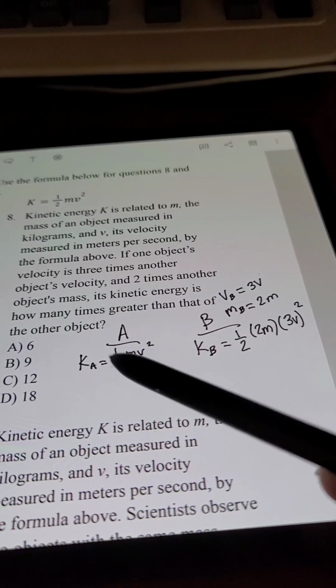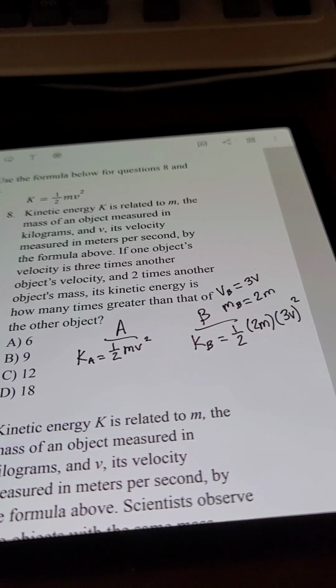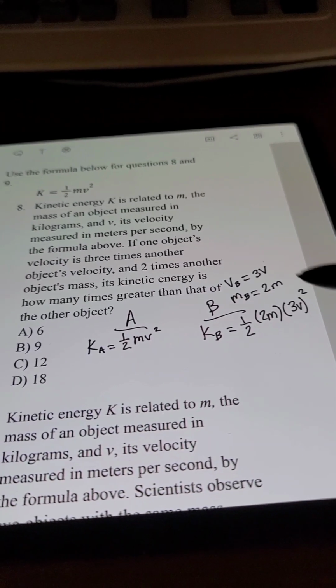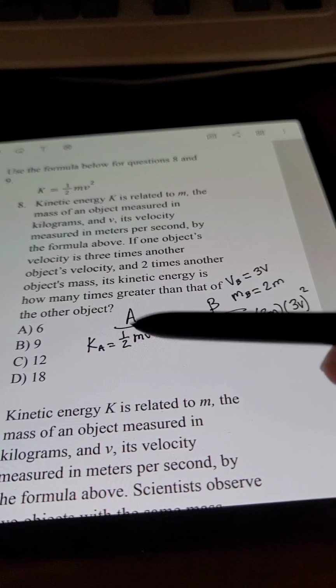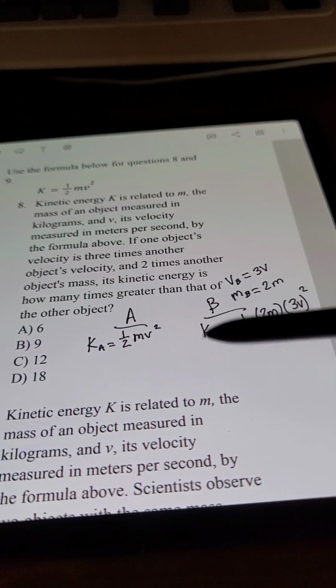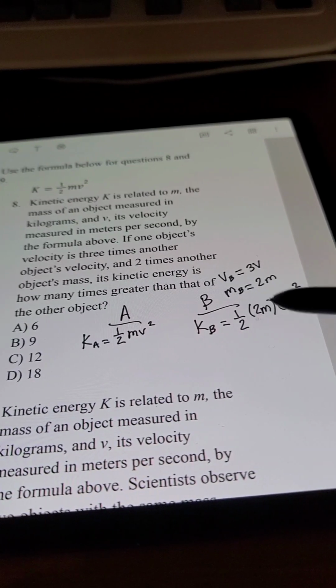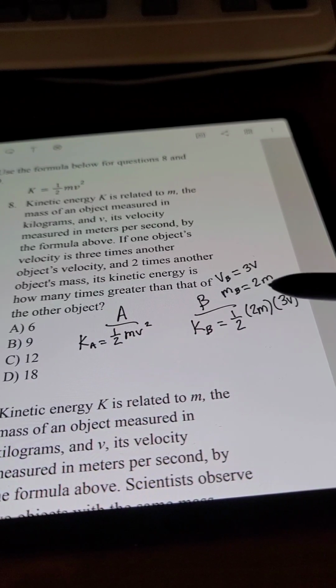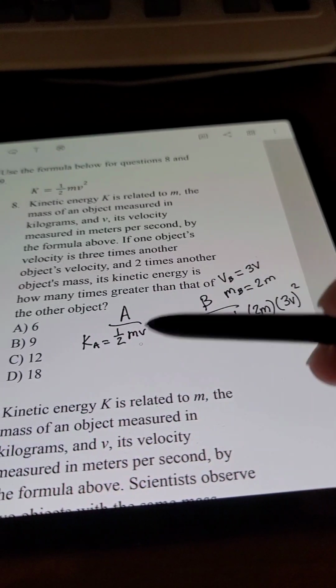I have an equation that gives me the kinetic energy for A and an equation that gives me the kinetic energy for B. Now remember, I want to find out how many times I have to multiply this kinetic energy to get to this kinetic energy for B. So I'm going to see, can I rewrite this equation right here to look more like the situation I have for the kinetic energy for object A?